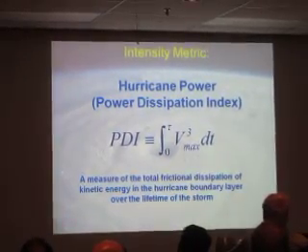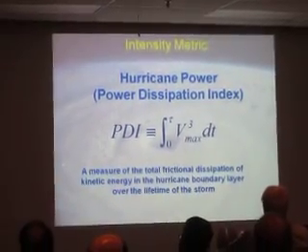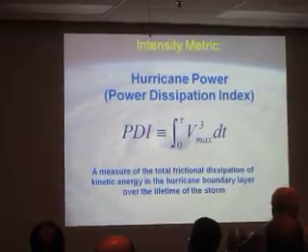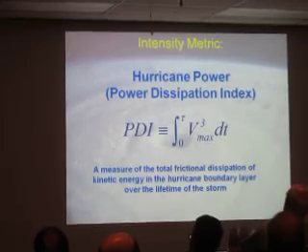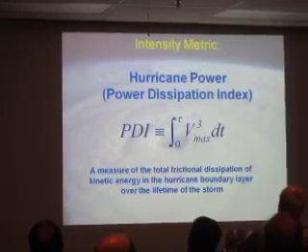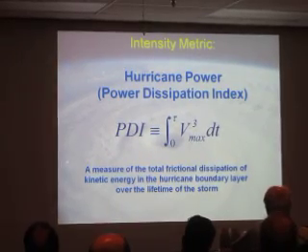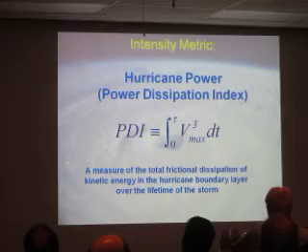In practice, we don't have enough data to do the areal integrals. So we take the maximum wind speed cubed and integrate it over the lifetime of the storm and call that the power dissipation index, or PDI. So we're going to measure the rate at which storms dissipate kinetic energy.